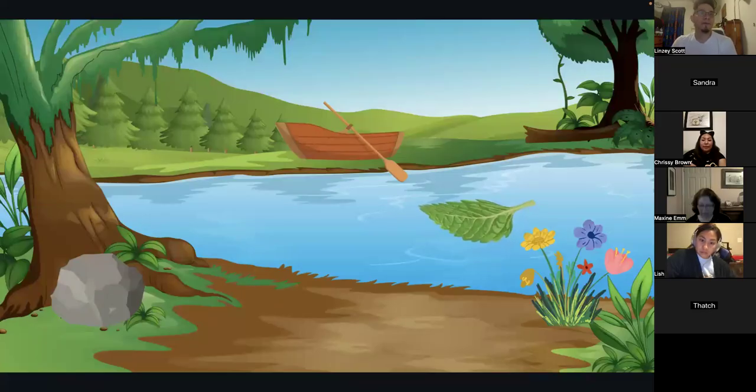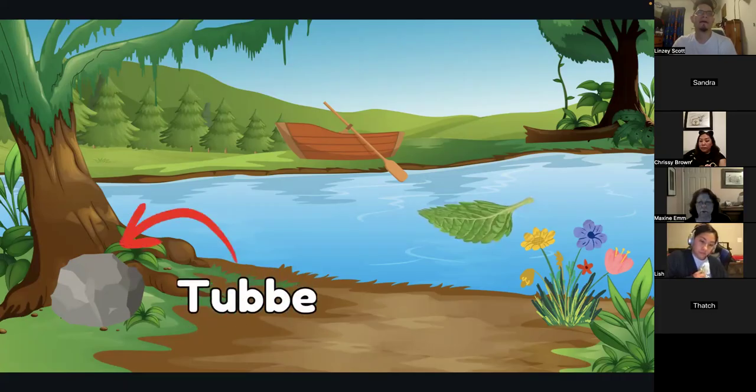All right, then. Let's learn another new word. Notice this one over here, right underneath the tree, is a dubi, which is a rock or a stone. In the more northern dialects, like in Pyramid Lake, this double B is a P sound.